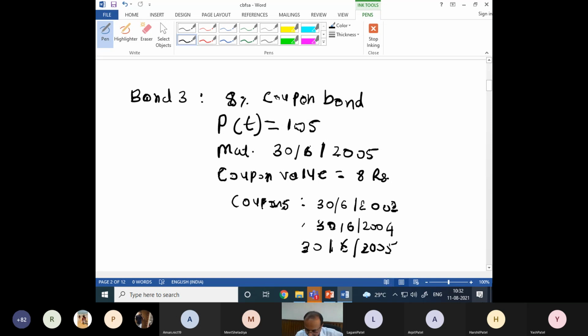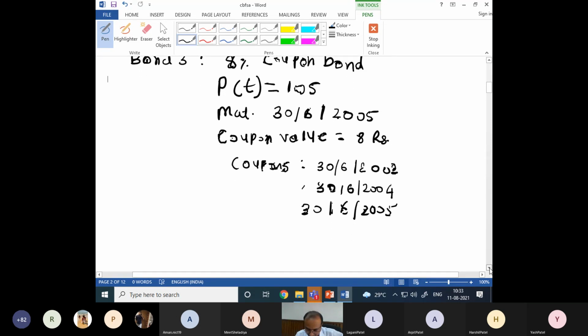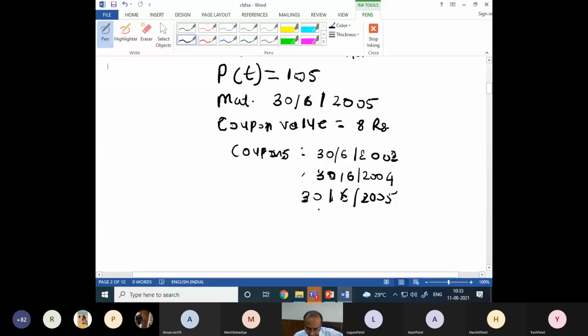Okay, so these are the 3 coupons, and now along with this coupon I will get my 100 rupees back on this date.